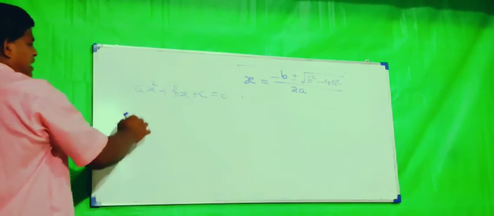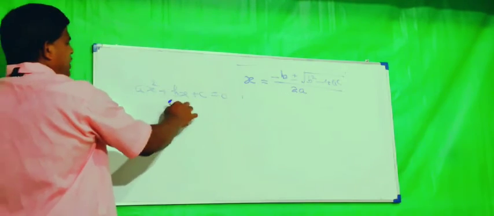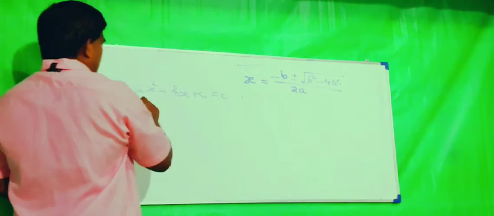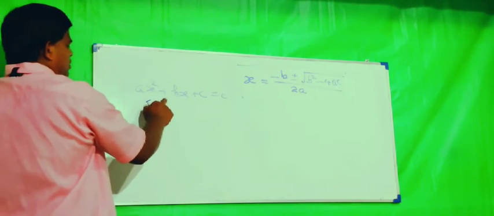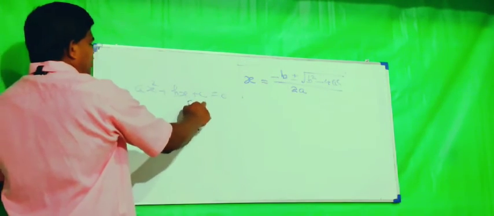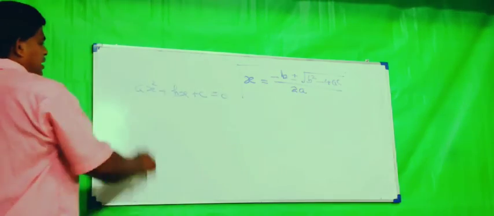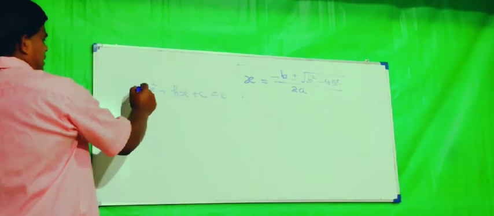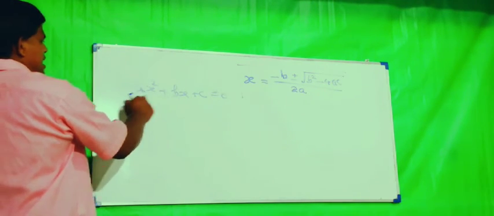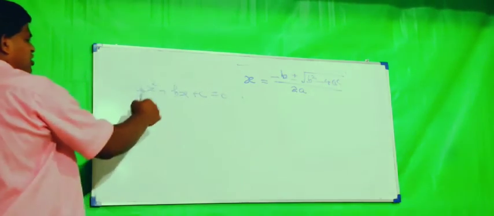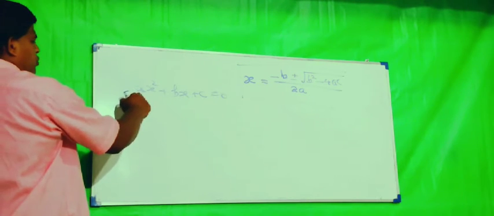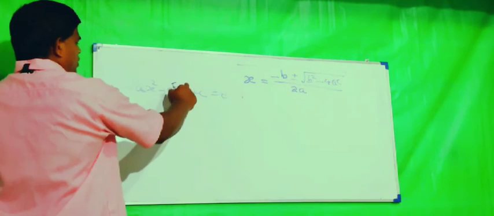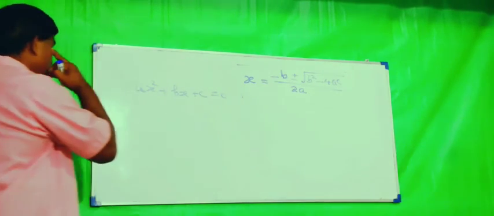General means it should be given in trinomial form: ax squared plus bx plus c equals 0. Here a, b, c are constants. Especially, a is the coefficient of the square term, b is the coefficient of the linear term, and c is the constant.